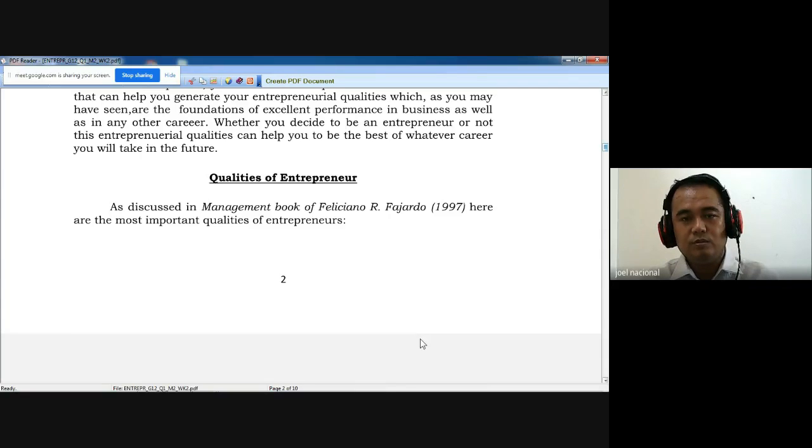Okay, so more on qualities, more on the foundations that came from families. The father and the mother have entrepreneurial skills. They can help their families, the sons and daughters. But of course, it's not too late.